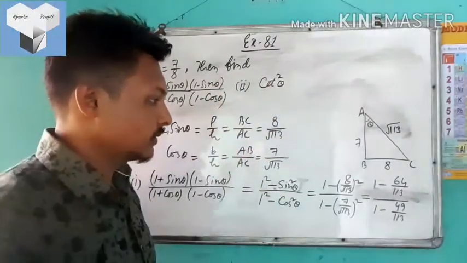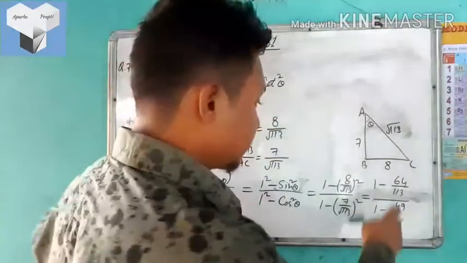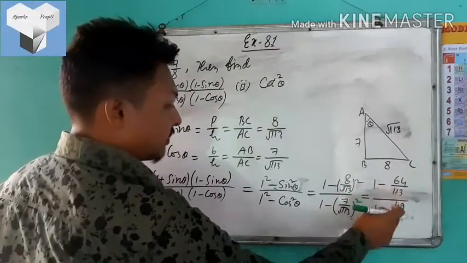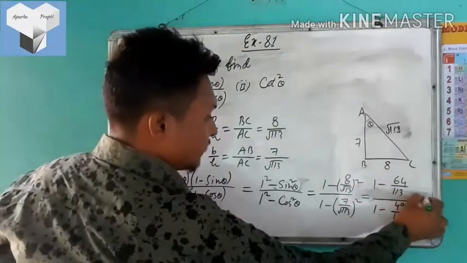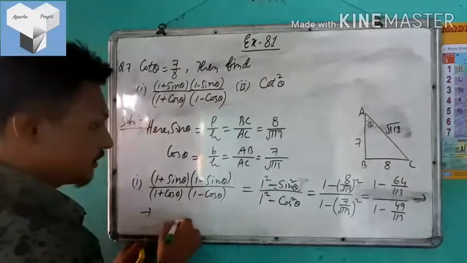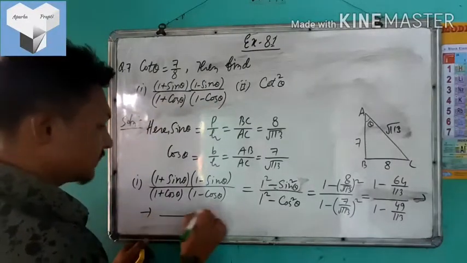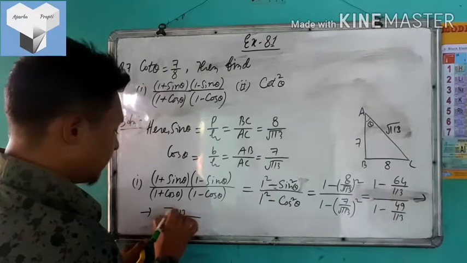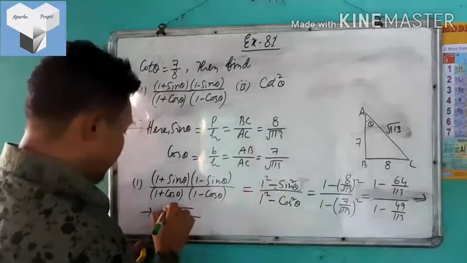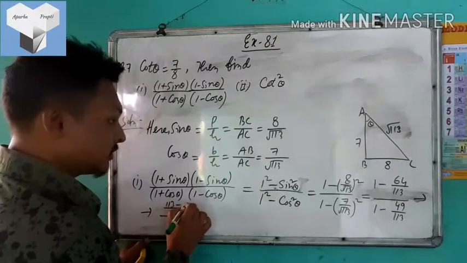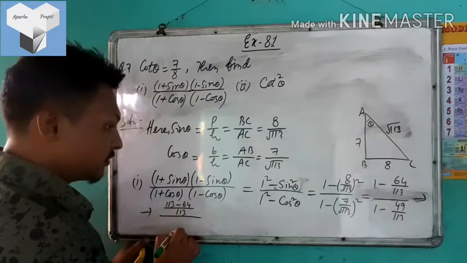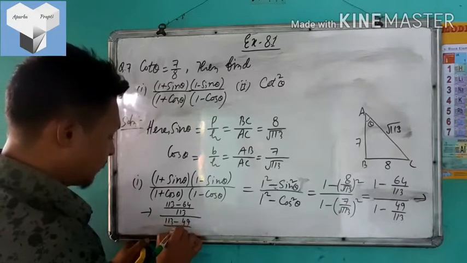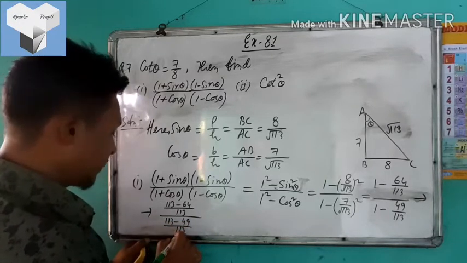Again, simplify this expression. If you take the LCM here, the LCM will be 113, and in the numerator it will be 113 minus 64, and in the denominator it will be 113 minus 49, each over 113.